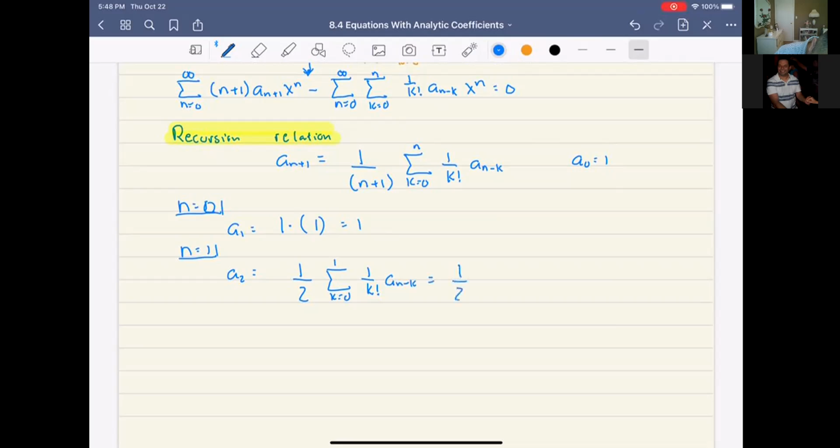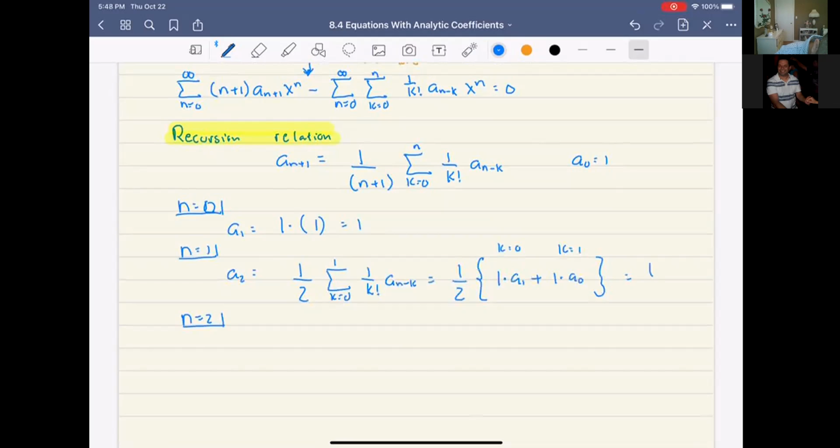Now, k equals 0: when k equals 0, we're going to get 1 times a sub 1, plus the k equals 1 term, 1 times a sub 0. So a sub 2 equals 1.